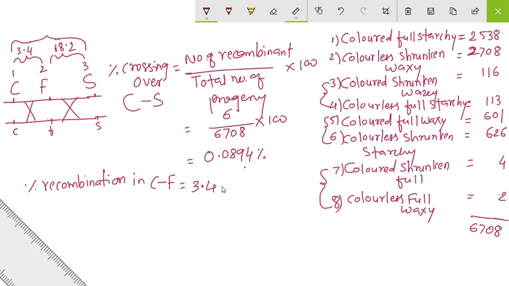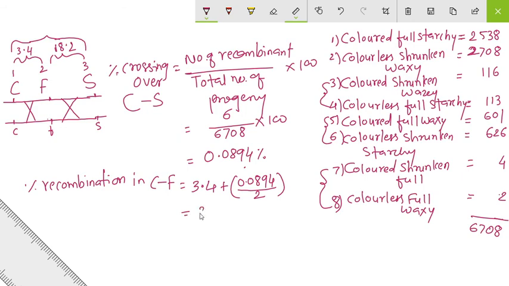Now what is the result of double crossover? The result of the double crossover is 0.0894, but it is between CF and FS, so we have to divide it by 2. There are three genes, so this combination is 1 and this is 2. Therefore we have to divide it by 2.